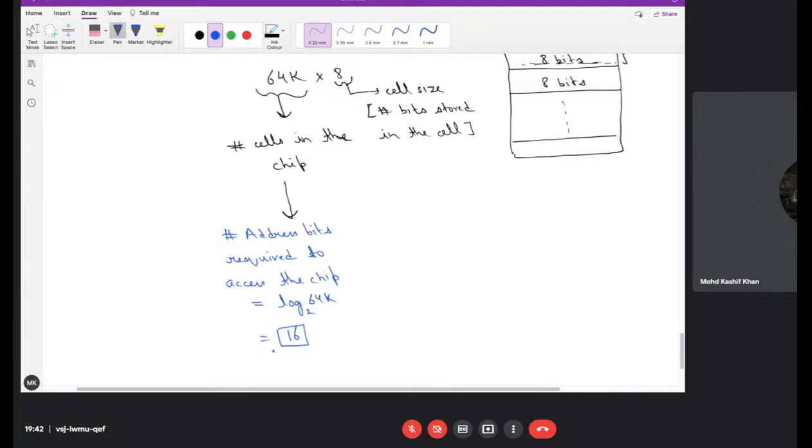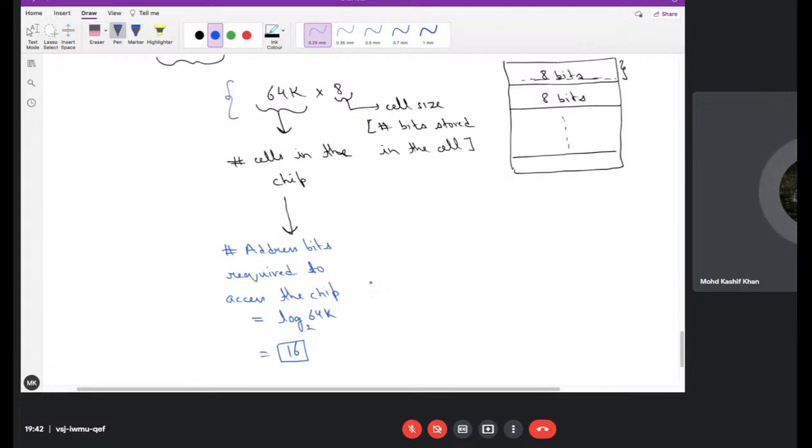Okay. So if this configuration is given for any chip, 64K cross 8, it means there are 64K cells, each cell size is 8 bits, and to access any cell, the address size should be 16 bits. Very good, all of you who have responded.